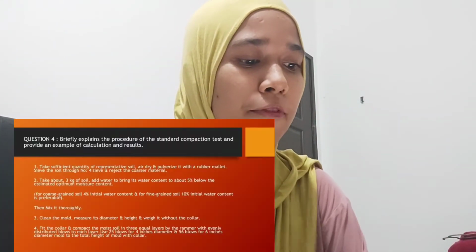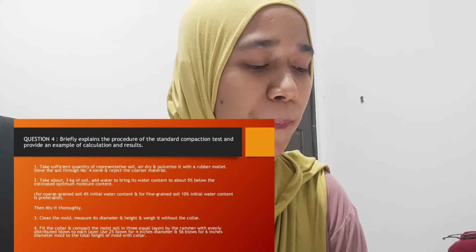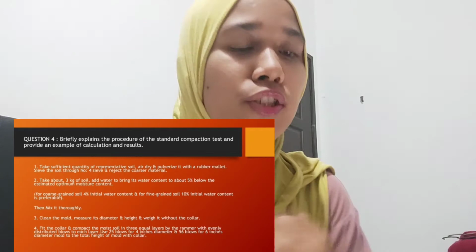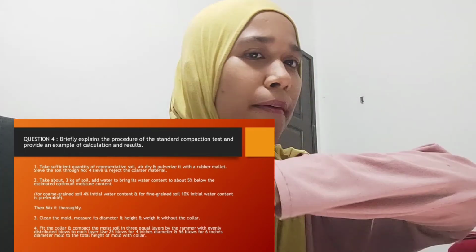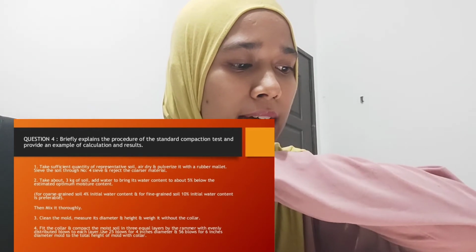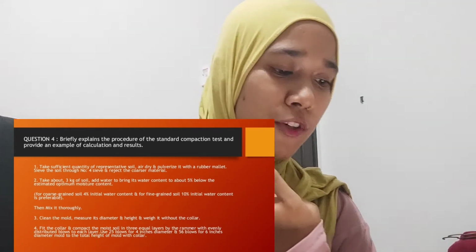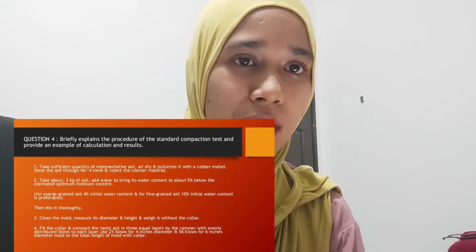Okay, next is question number 4. Briefly explain the procedure of the standard compaction test and provide an example of calculation and result. So these are the steps for doing the standard compaction test. First, take sufficient quantity of representative soil.